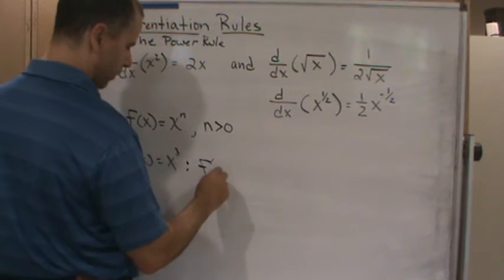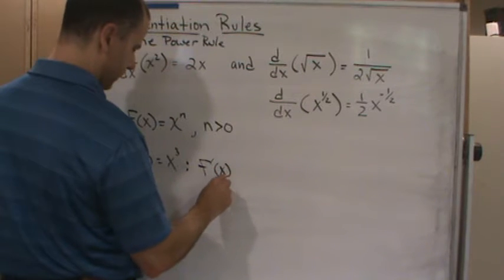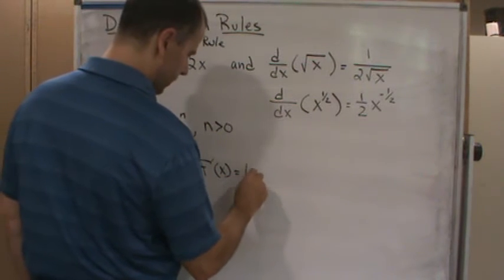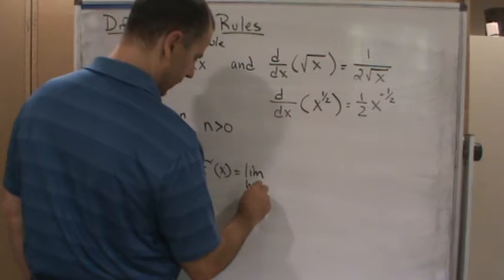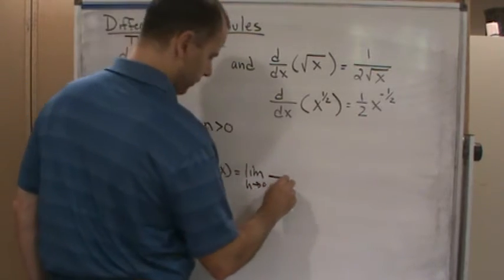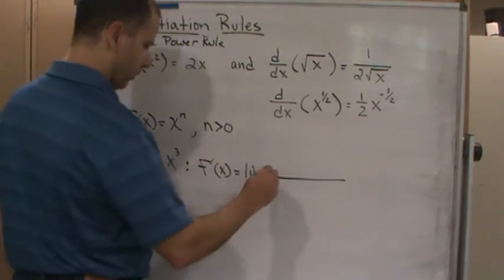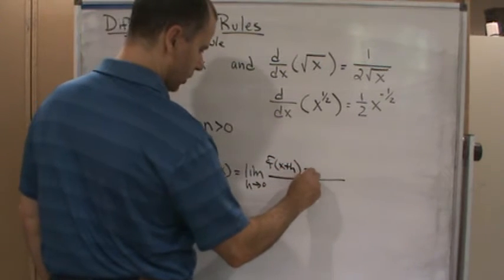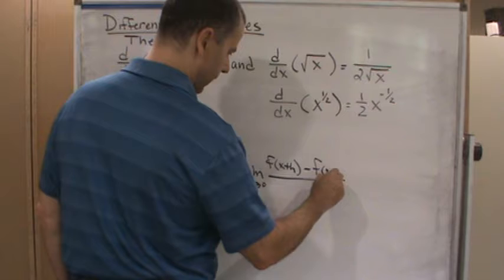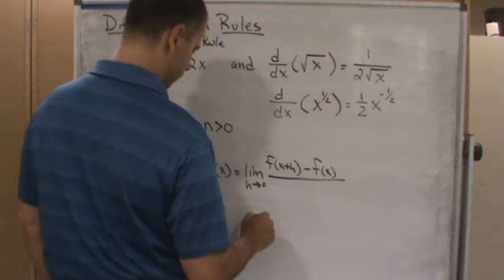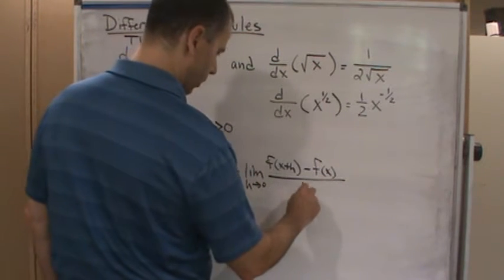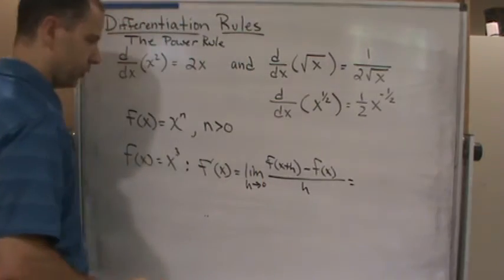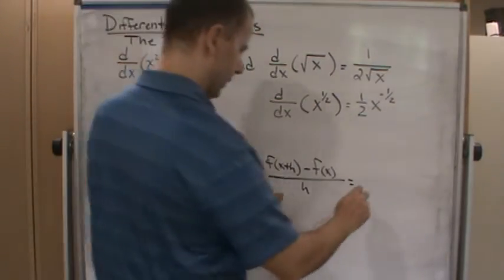So f prime of x equals the limit as h approaches 0 of f of x plus h minus f of x over h.